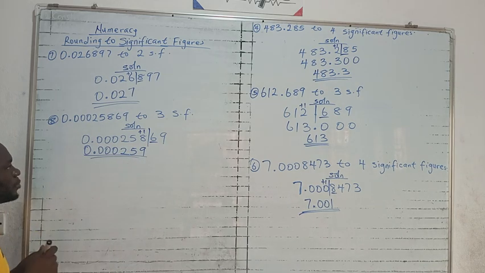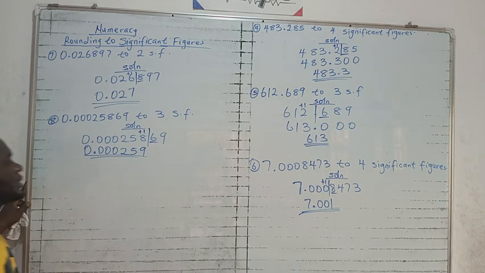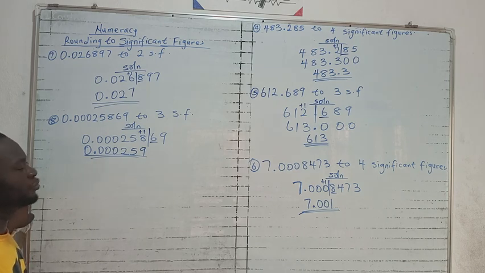So 0.00025869 to 3 significant figures is 0.000259.